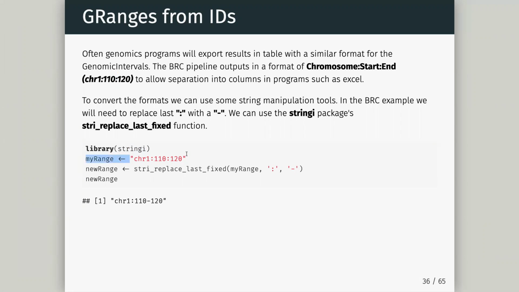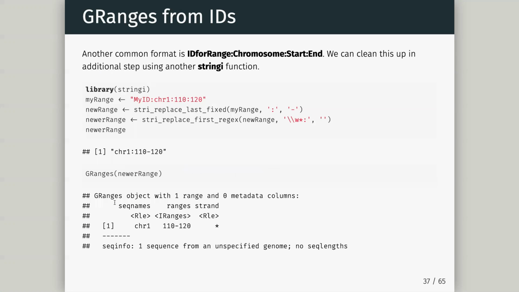We just give it the range where we have this colon, and I can use this function from here, stri_replace_last_fixed. So it's going to replace the last occurrence of something. We tell it on my range, the string, replace colon with a dash. And when I run it, it looks through it, it finds the last colon in the string, replaces it with a dash. So now I can paste into GRanges or IGV and operate on.